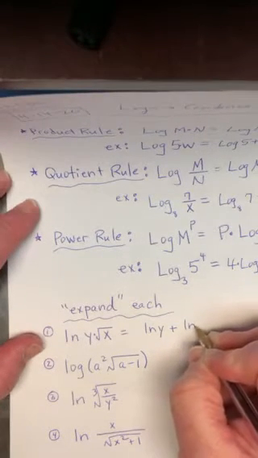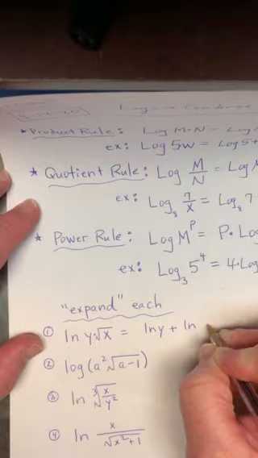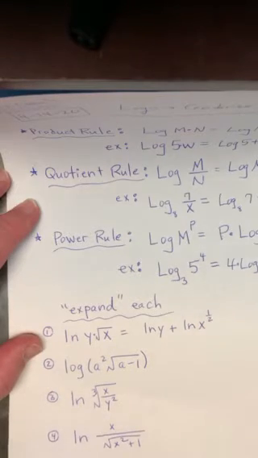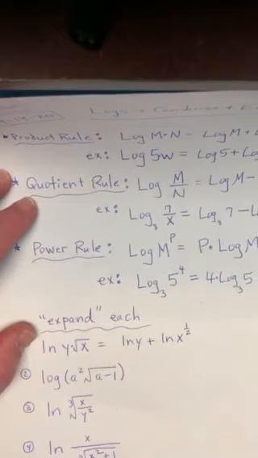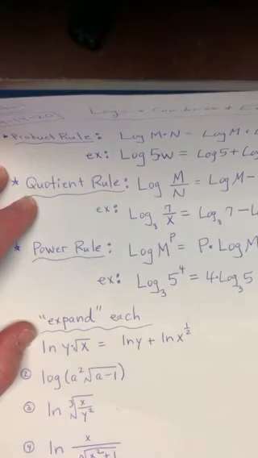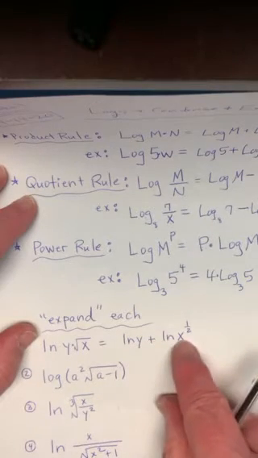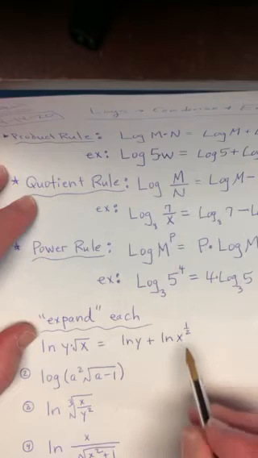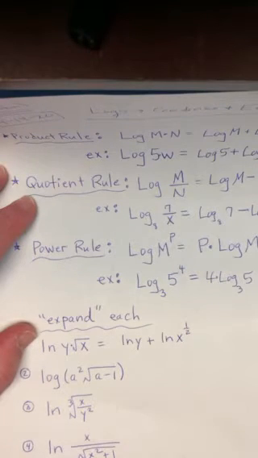Now watch what I do. Instead of writing radical x, isn't the square root of x really x to the 1/2 power? Remember, we discussed that yesterday, that a square root box is really a 1/2 power. And you're thinking, well, why would I do that? Because that square root box is really a 1/2 power.